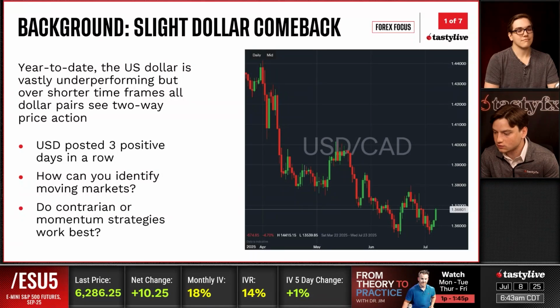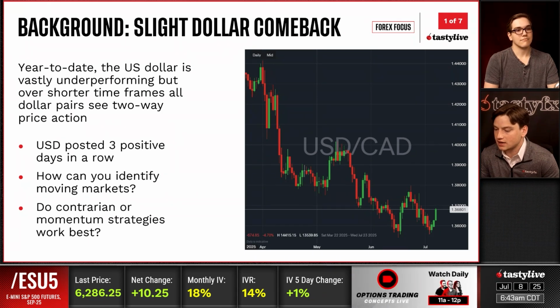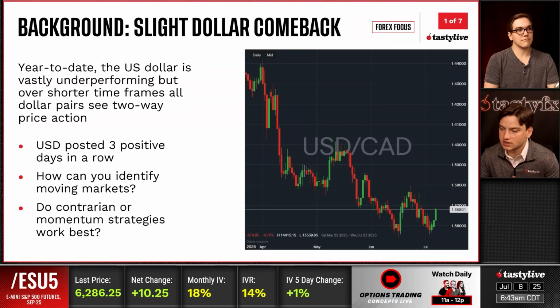But it was interesting to me to see the U.S. dollar yesterday posting 3 successive days of gains against a lot of major currencies. Here we're looking at the U.S. dollar Canadian dollar pair, which is bouncing off of its lows from 136 towards 137.